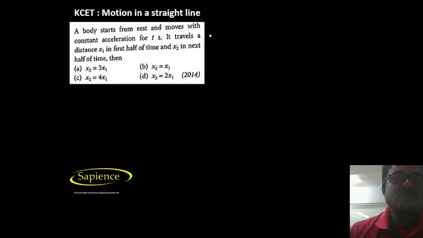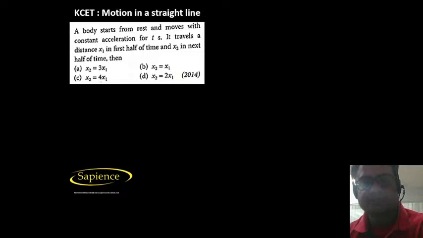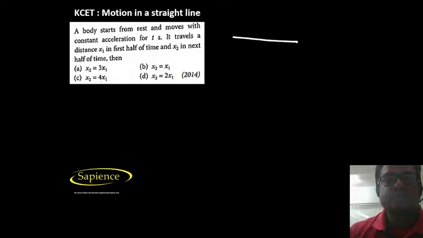Here it is told that a body starts from rest and moves with constant acceleration for t seconds. Starts from rest means u equals 0. Constant acceleration a is there for t seconds.